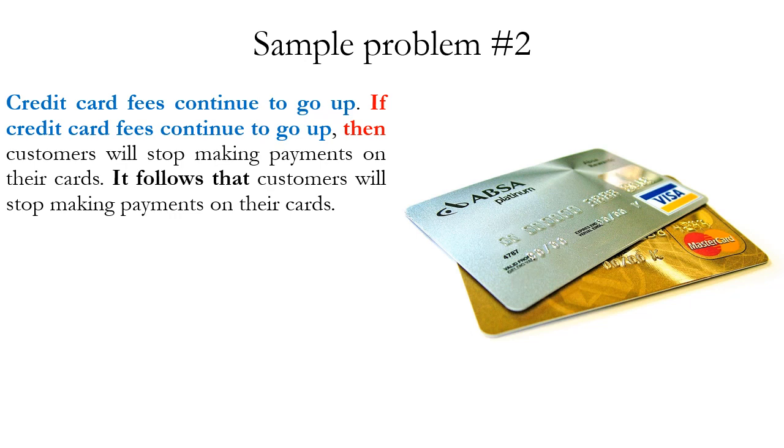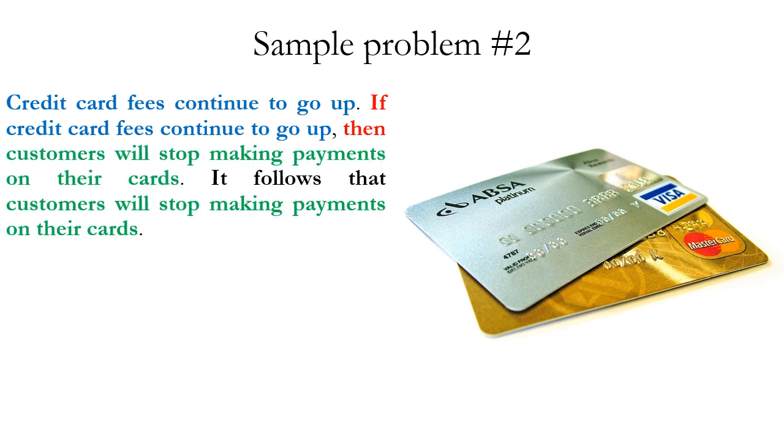It's "credit card fees continue to go up." This simple proposition is then repeated in the antecedent in the conditional that follows. Now let's try to identify another simple proposition. It's "customers will stop making payments on their cards." And you can see that also is repeated once in the conclusion.